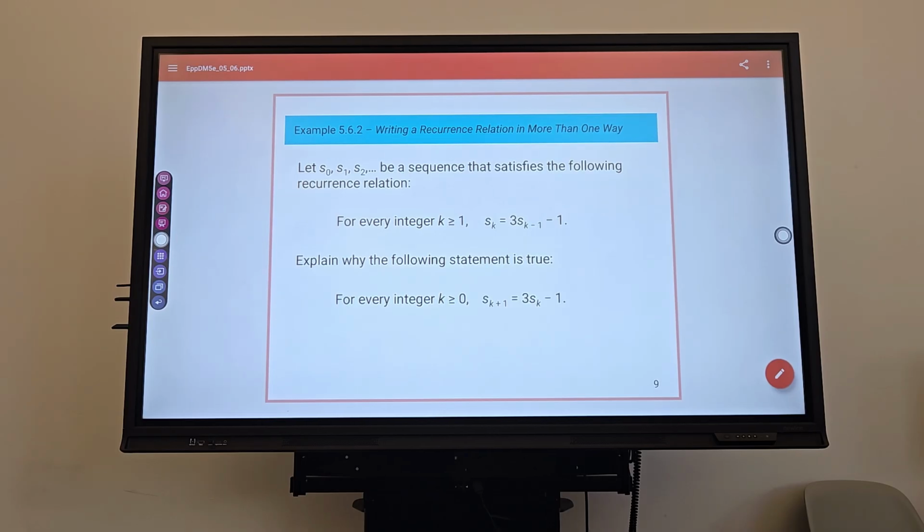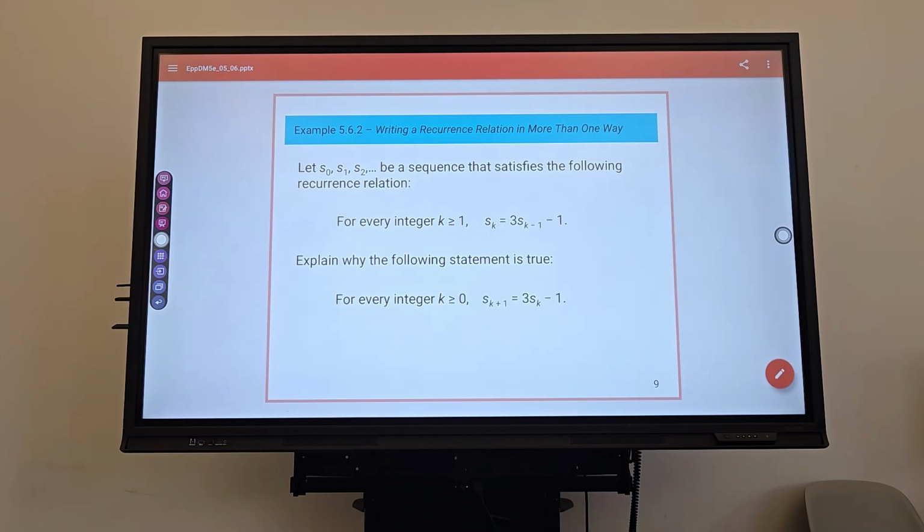Let S be a sequence that satisfies the following recurrence relation. For every integer k greater than or equal to 1, S sub k equals 3 S sub k minus 1 minus 1. Explain why the following statement is true.